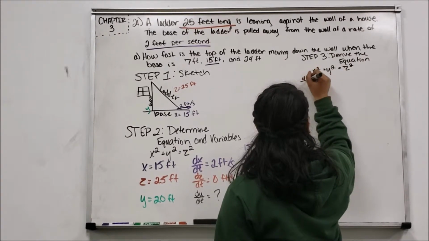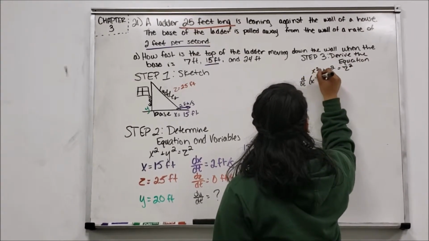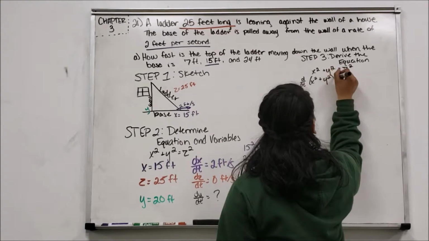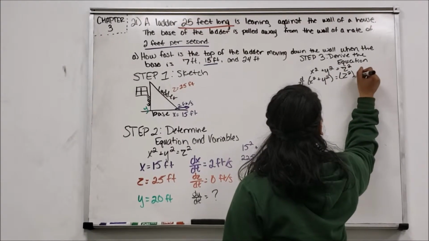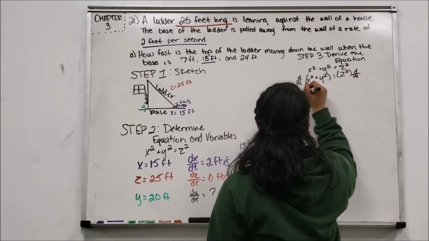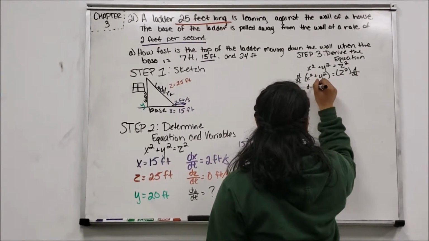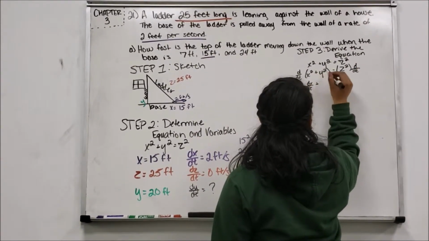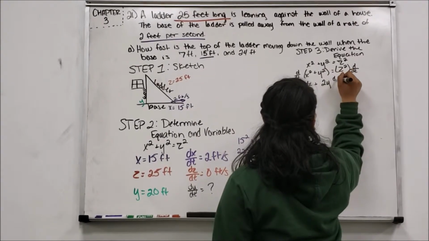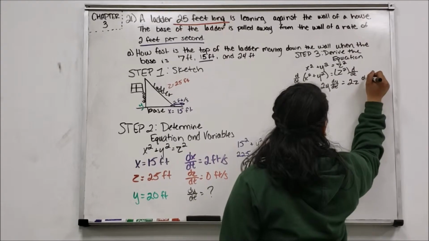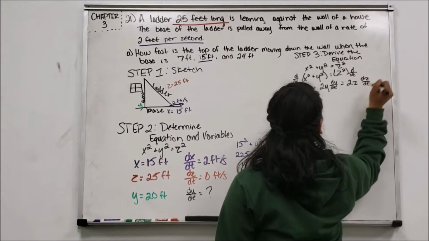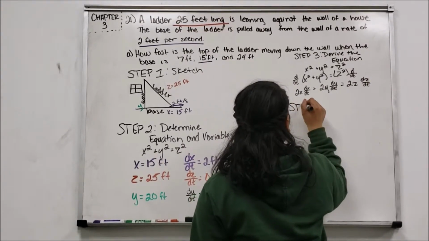We take the derivative of both sides. We get 2x dx dt plus 2y dy dt equals 2z dz dt.